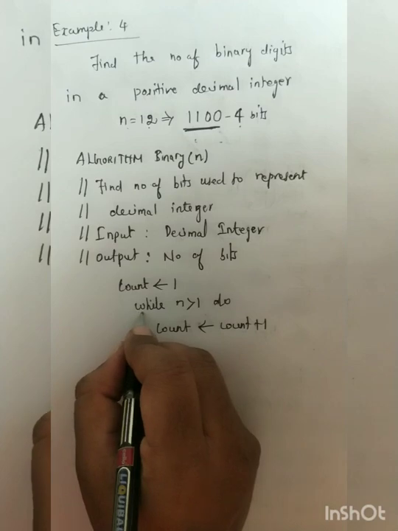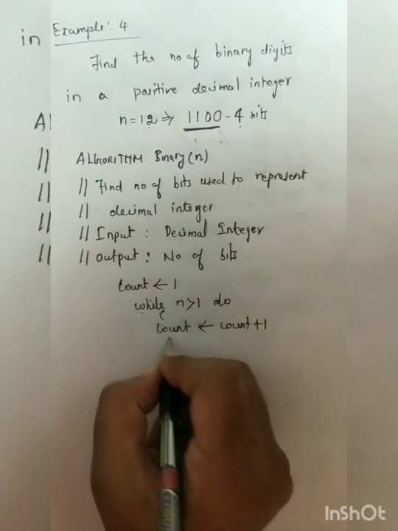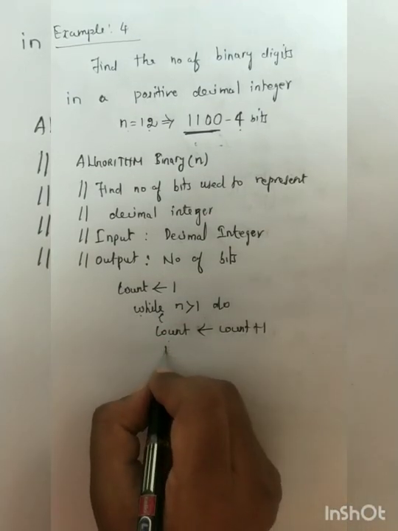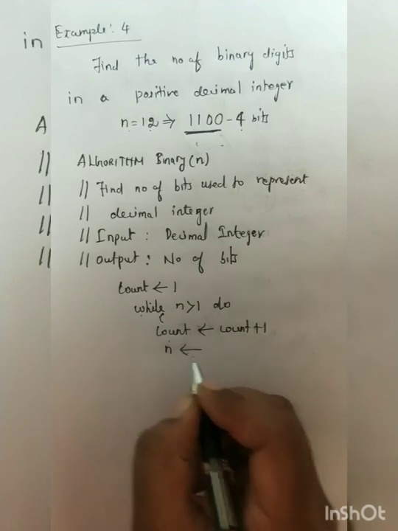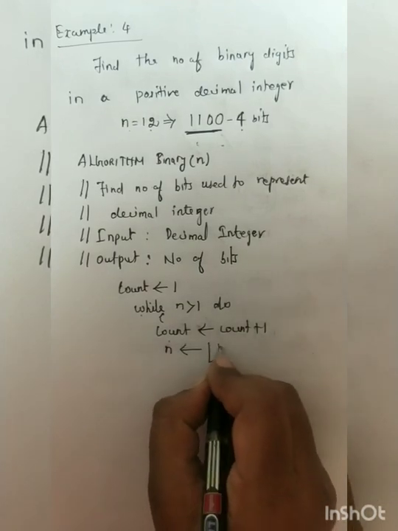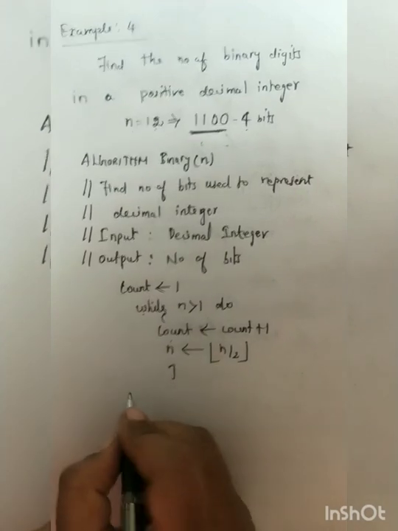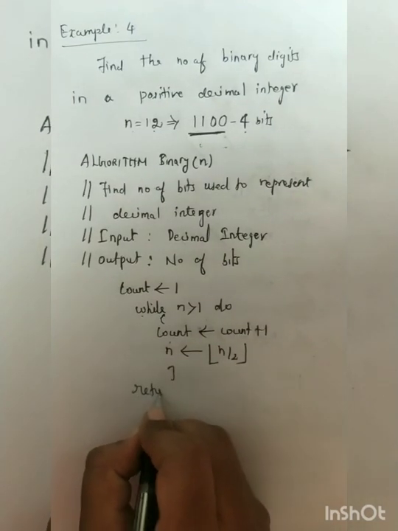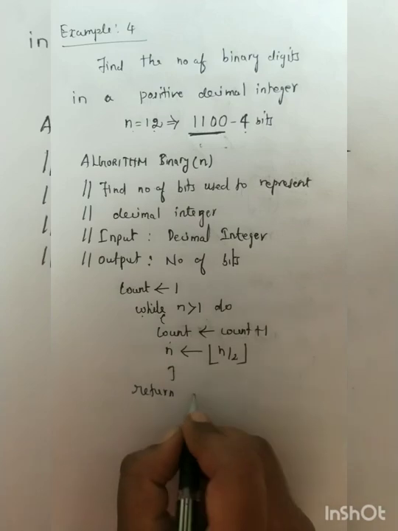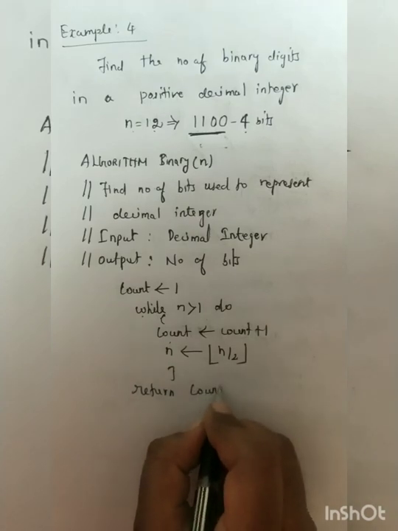If this condition is true, increment the count value, and at the same time n equals floor of n by 2. So this ends here. Finally return count. So this is the algorithm.